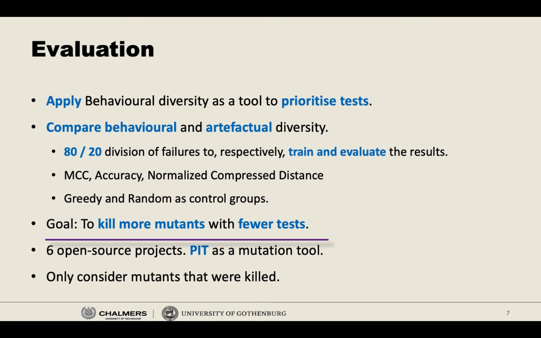Finally, our goal is to see which technique can kill more mutants with fewer tests. So we also compare with a random prioritization of tests and also a greedy approach that we implemented that knows the maximum number of mutants that can be killed by executing a specific percentage of the tests.